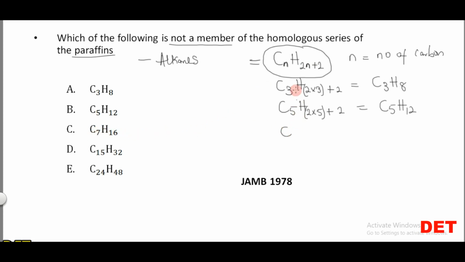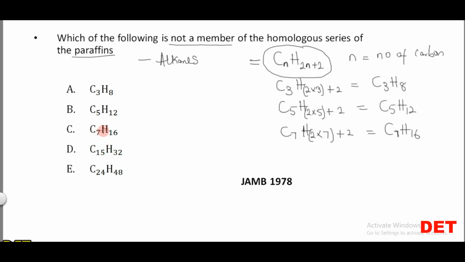So that will be Cn, my n is 7, H2 times n, n is 7, plus 2. So 2 times 7 will give me 14. 14 plus 2 will give me 16. So that will be C7H16. So this is a member of the alkane series.